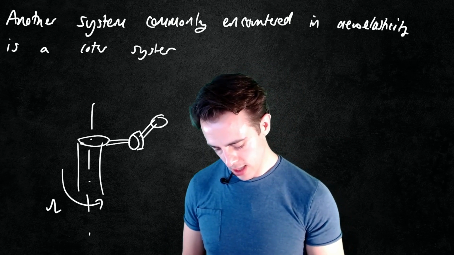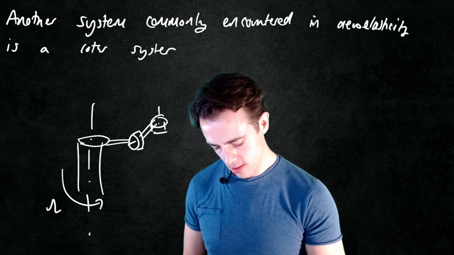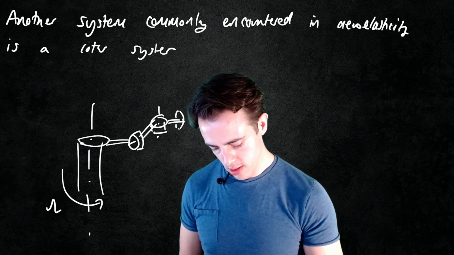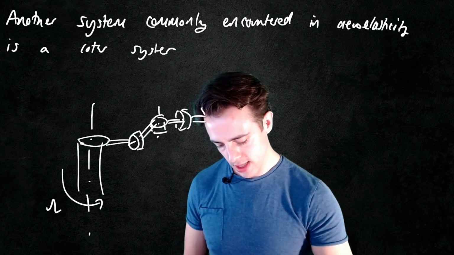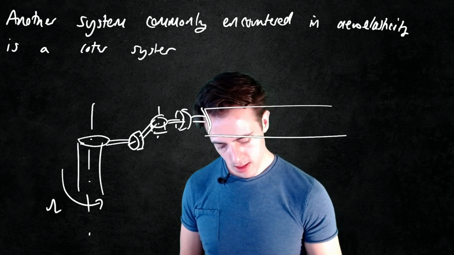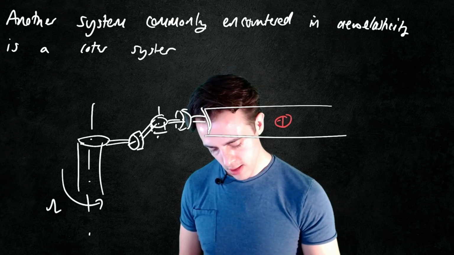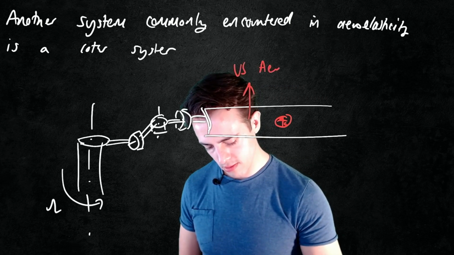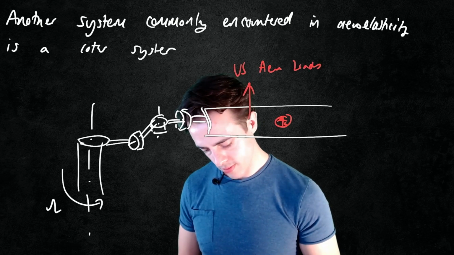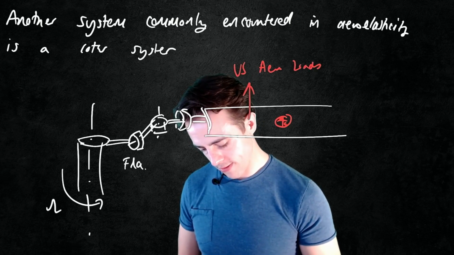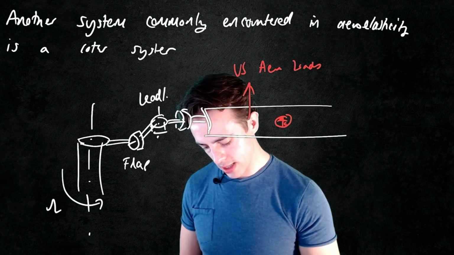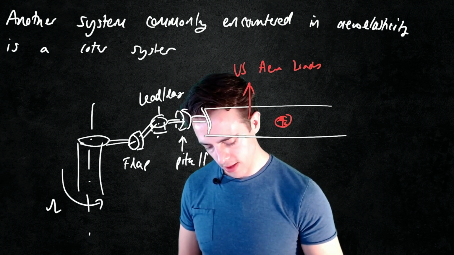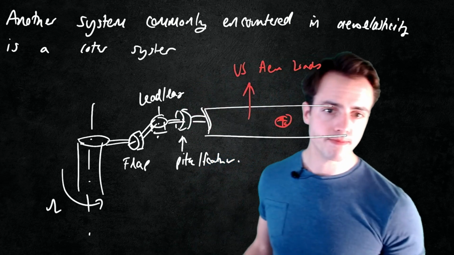I've then got a second hinge which enables this in-plane rotation, and I would then have a third hinge which we might just model, for example, like this, and then we get to the blade, which we would give again some sort of mass and some sort of unsteady aerodynamic loads. So that's flap, lead, lag, and then here we have pitch, or maybe feather, depends again whose textbook you're reading.